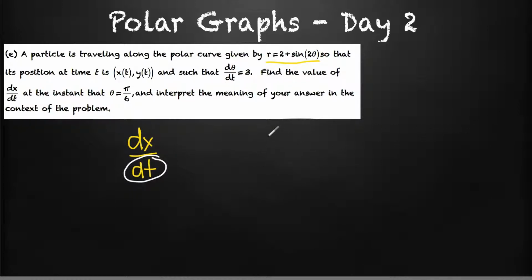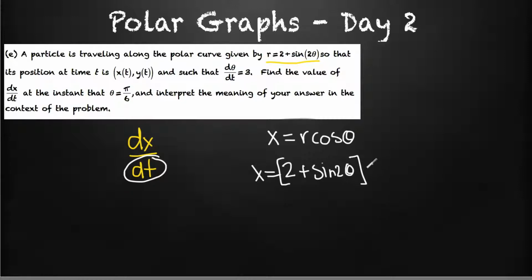So we are going to start with x equals r cosine of theta, and we learned that in the last video. But they give us r. They tell us that r is 2 plus sine of 2 theta. So x is really 2 plus sine of 2 theta, and all of that is times cosine of theta.